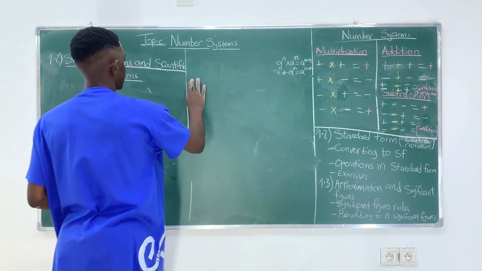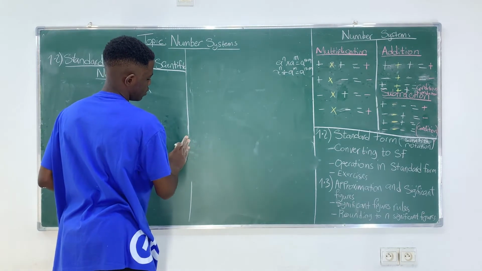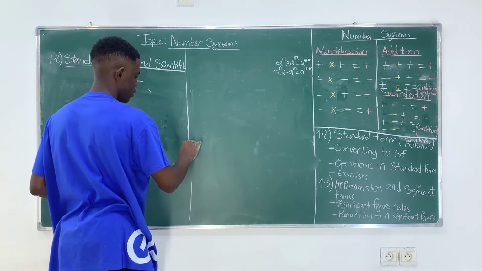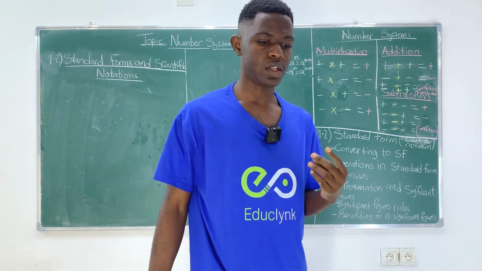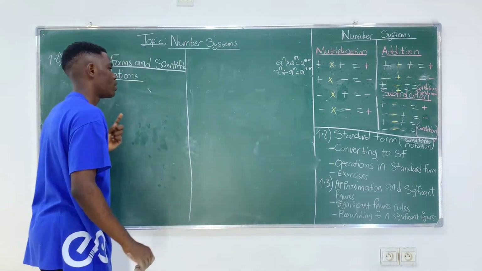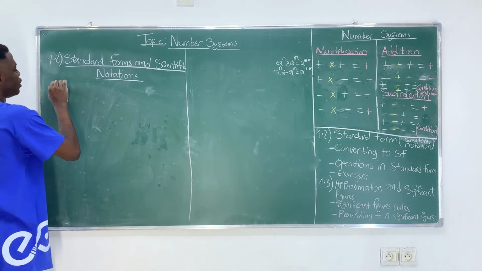So, first exercise. What's the first exercise going to be? It is write 567,000 in standard form.